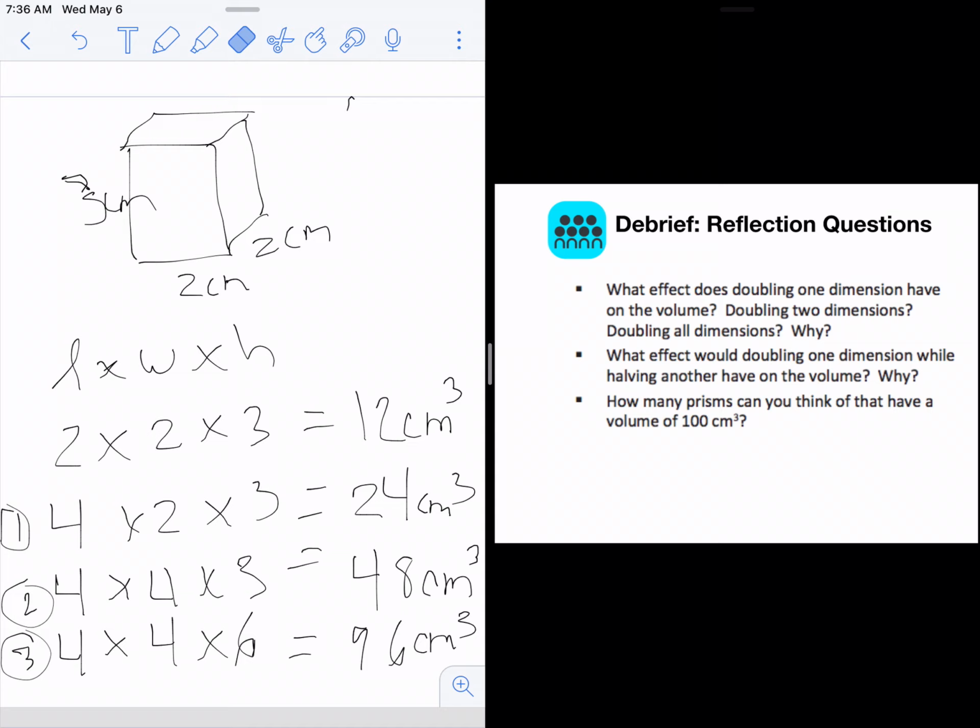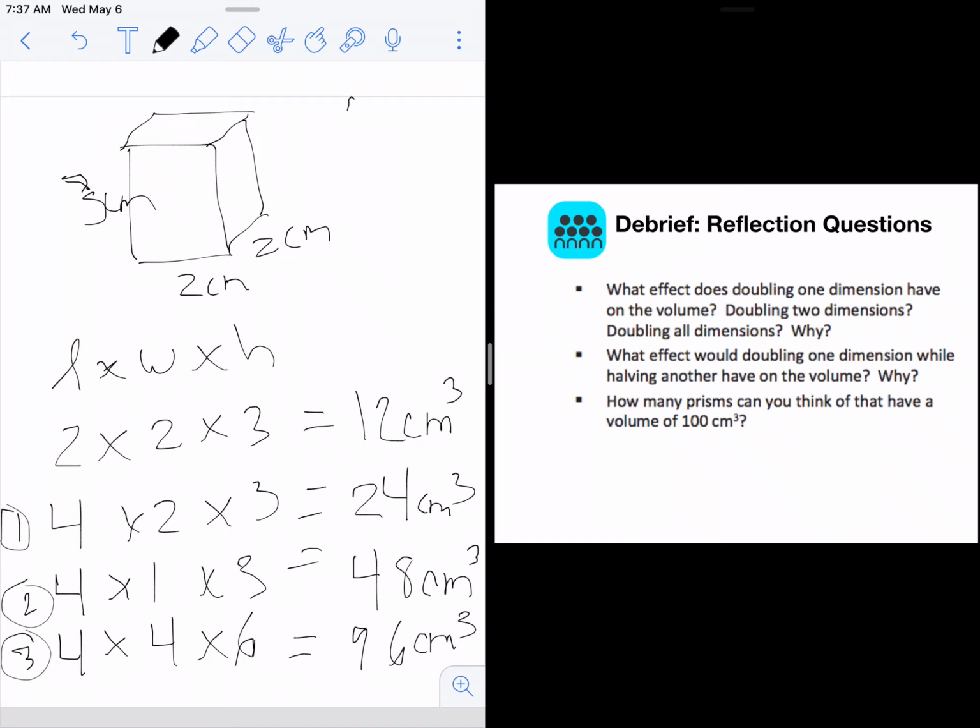Okay, next question. What effect would doubling one dimension while halving the other have on volume? So let's say we doubled our length, but now we're going to halve 2, so we're going to do 1. 4 times 1 is 4, times 3 is 12.